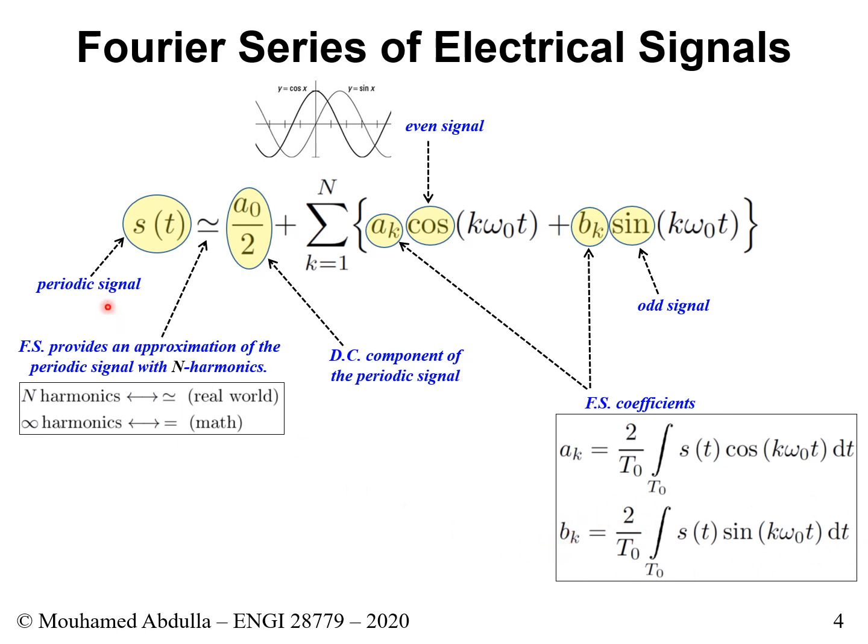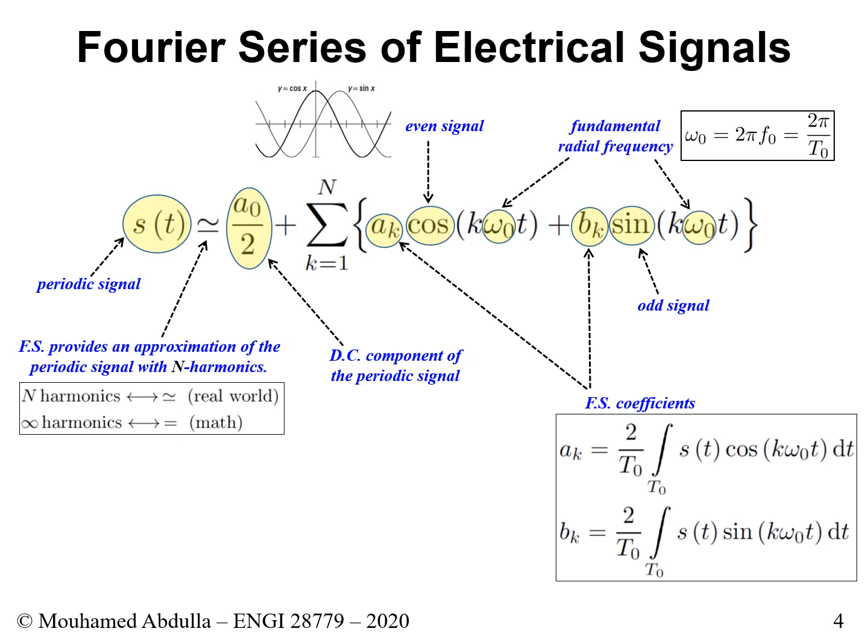If, on the other hand, your ST is an even signal, then you only need to find this one here, AK, and your BK will be 0. Okay, and that's how life is simplified for you. If, on the other hand, your ST is not an even signal, it is not an odd signal, it is, however, a periodic signal, but it's not even or odd, then you'll need to find both AK and BK, and then you simply plug it in the expression here. Okay, what else do we have?